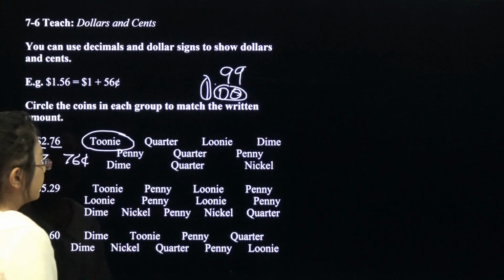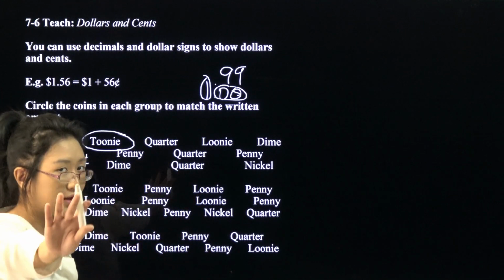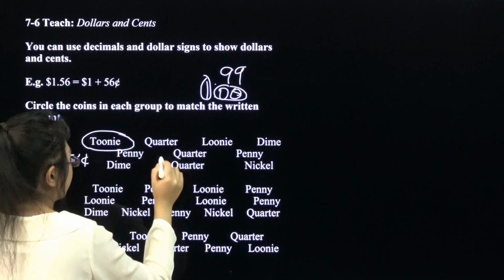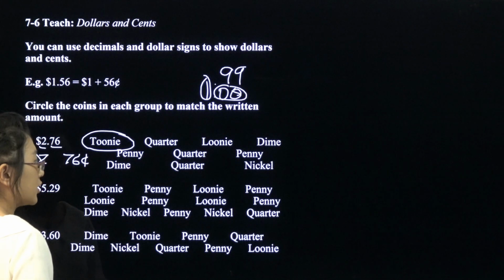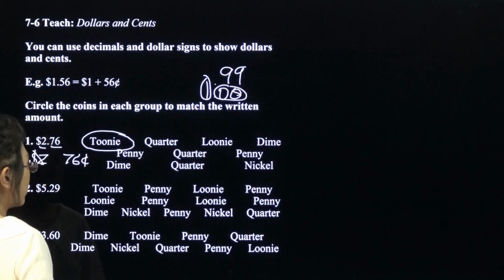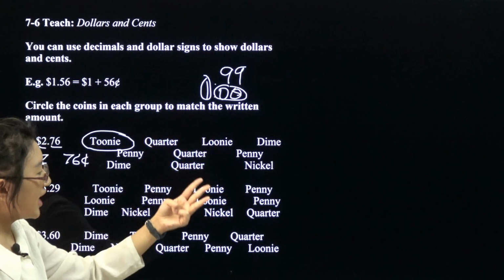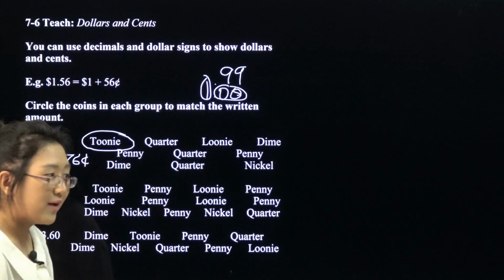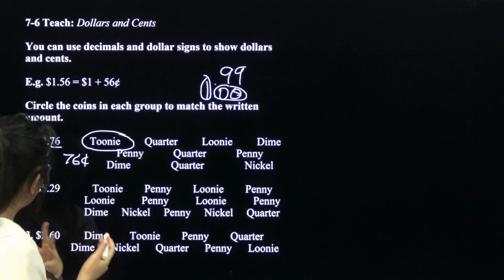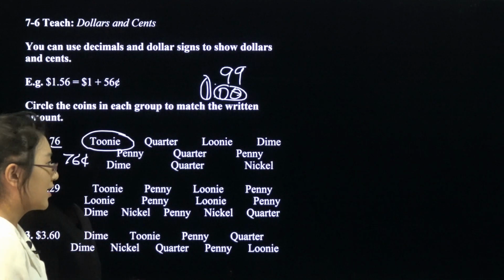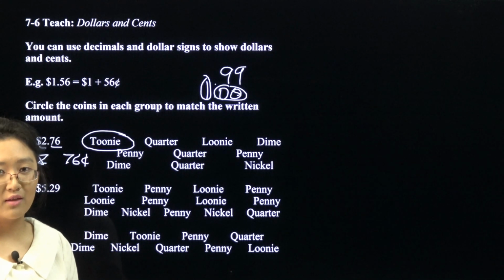Next, it's a quarter because nobody really uses half dollars. So we have 3 quarters here. 3 quarters is equal to 25, 50, 75. So it's 75 cents.